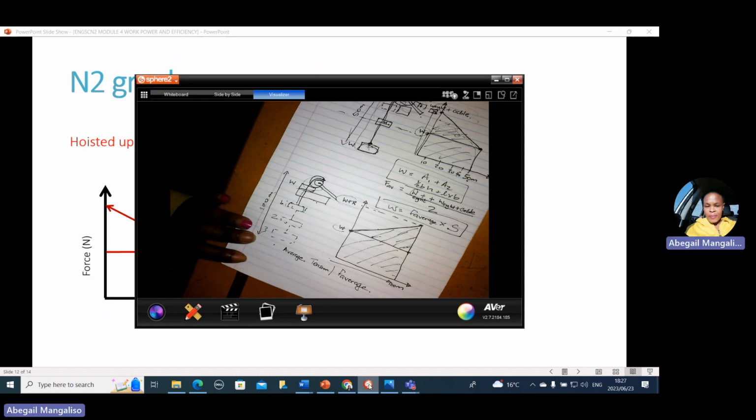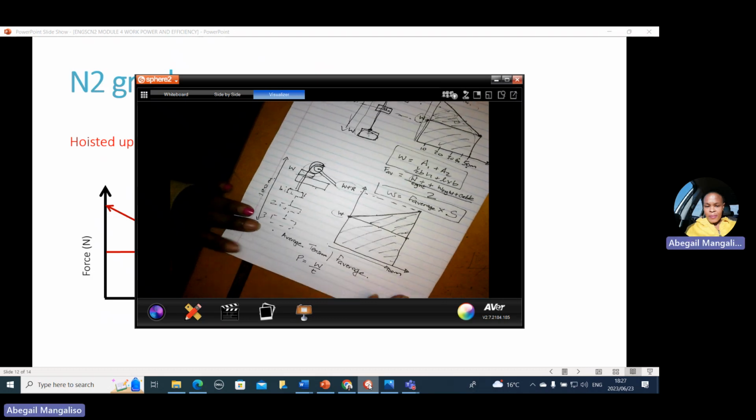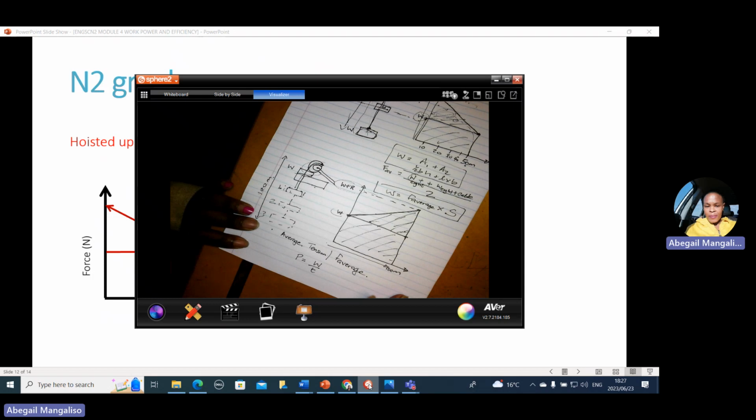We can also calculate the power, just like you calculate it on a horizontal and on a vertical plane. So power will be equal to work done over time. But if you do not want to use work done over time, you want to use the force average. The power will be equal to force average multiplied by distance over time.